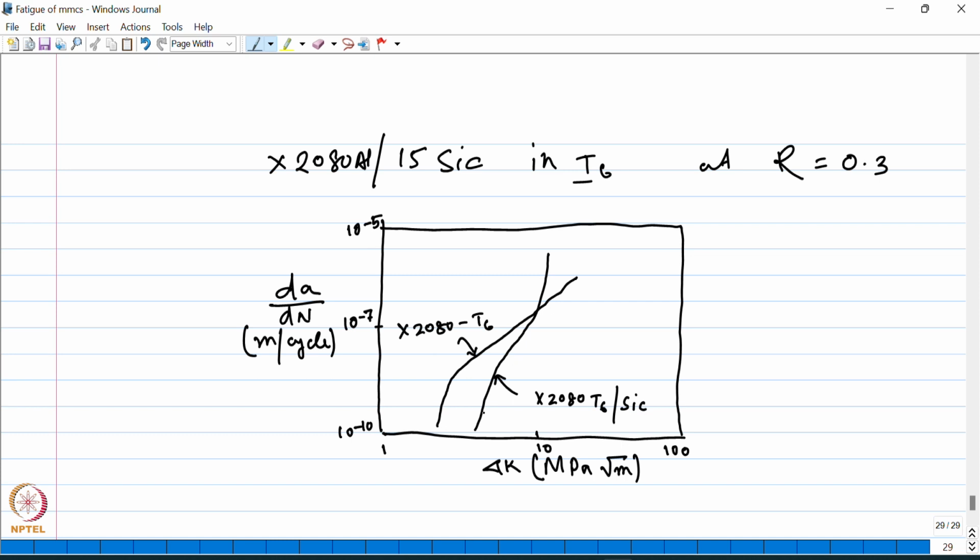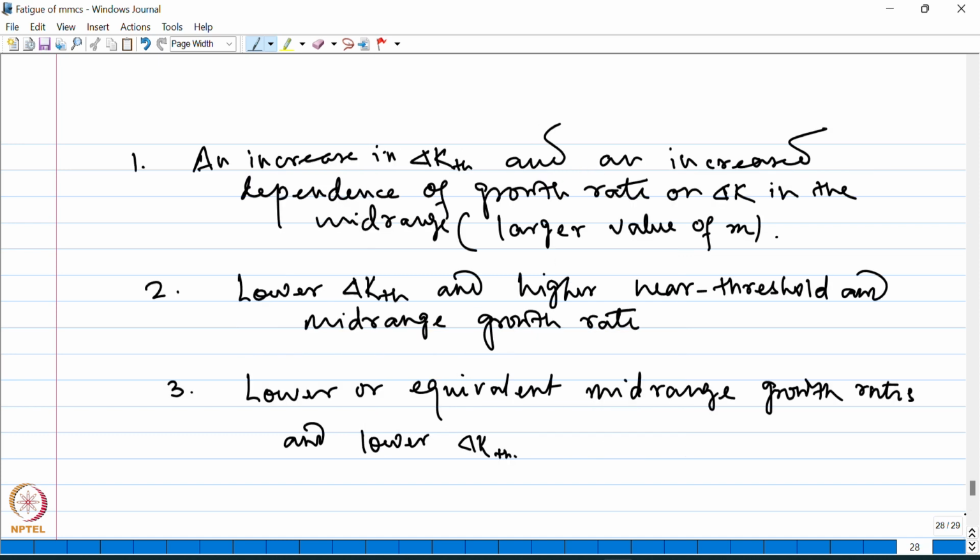That's what you can see for the composite. But the mid-range growth rate in terms of the slope M is higher in the composite. Now let us take the second type of behavior, that is lower delta KTH and higher near threshold and mid-range growth rate.